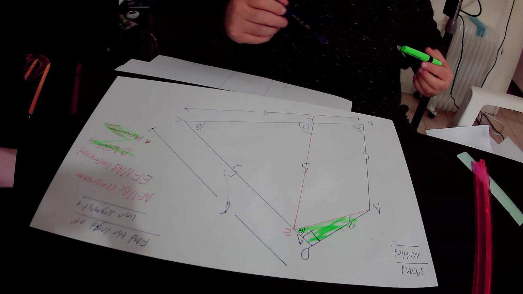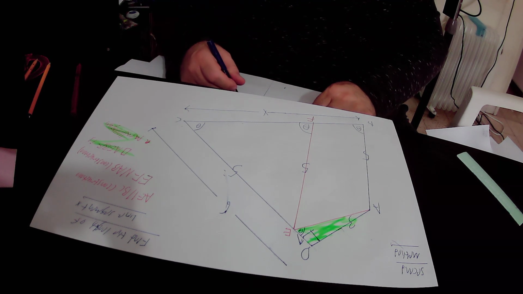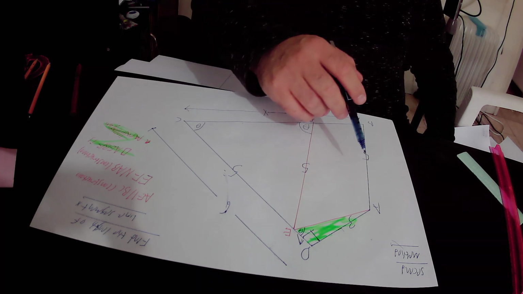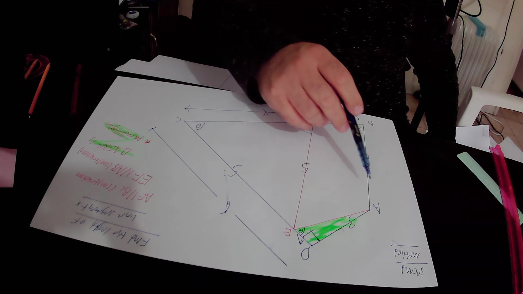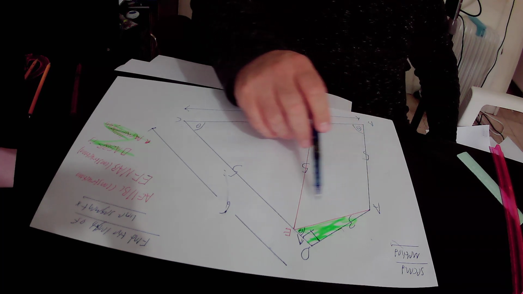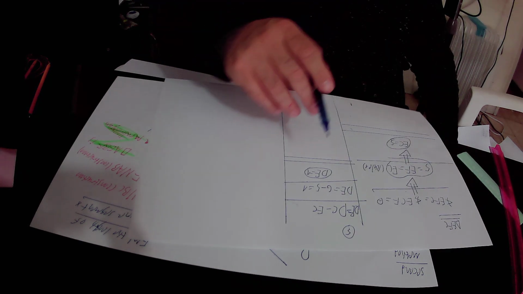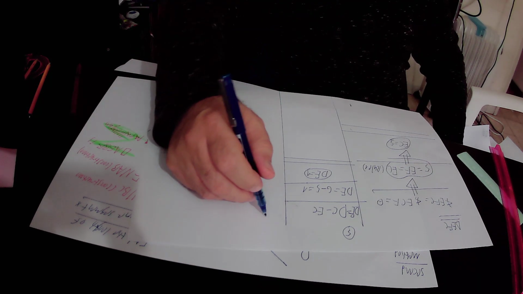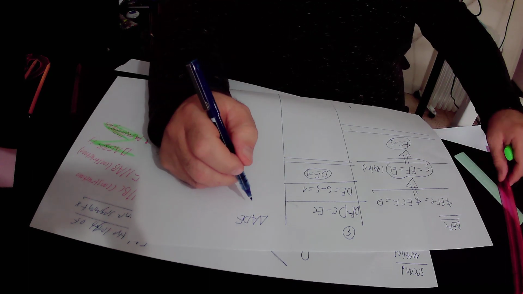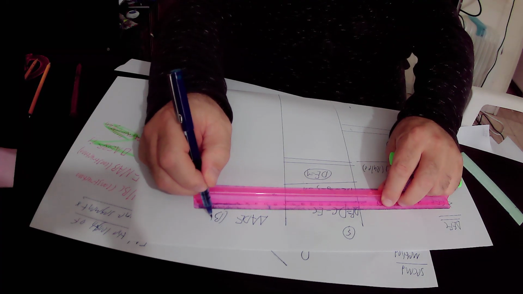In the right triangle ADE, we get that the square of the hypotenuse equals the sum of the squares of the perpendiculars, that is AE squared, by PT, the Pythagoras theorem.